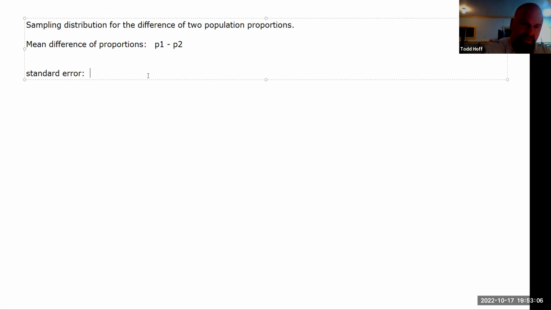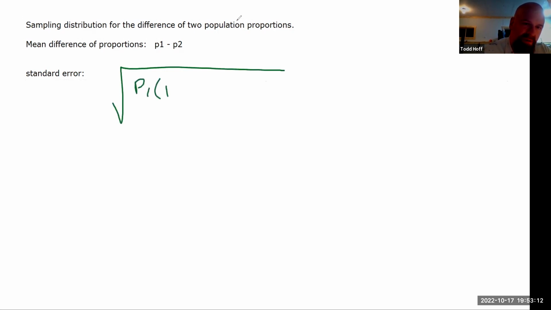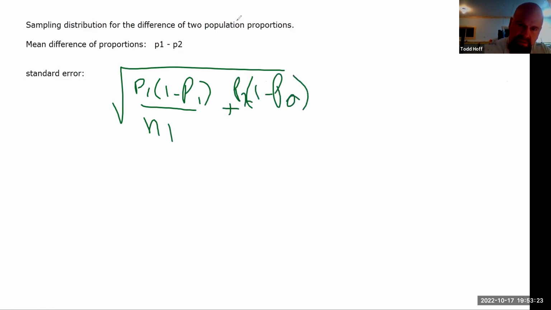This one I'm going to go to drawing it out again. It's just the square root of P1 times 1 minus P1 over N1 plus P2 times 1 minus P2 over N2, which looks pretty familiar.